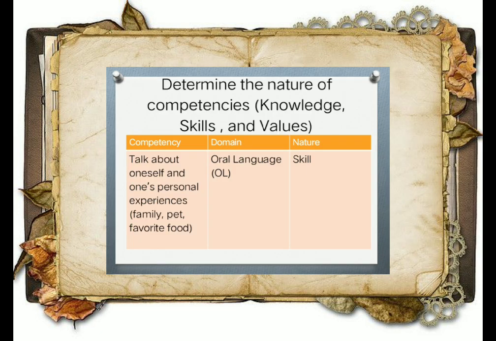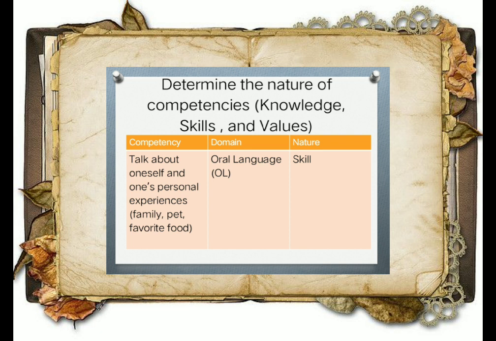Next, determine the nature of competencies: knowledge, skills, and values. The target of the competencies may be knowledge, conceptual and factual understanding; skills, ability to perform or demonstrate linguistic skills and activities; and values, appreciation for language, development of right attitude and dispositions.